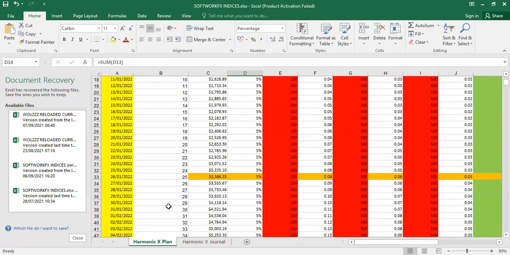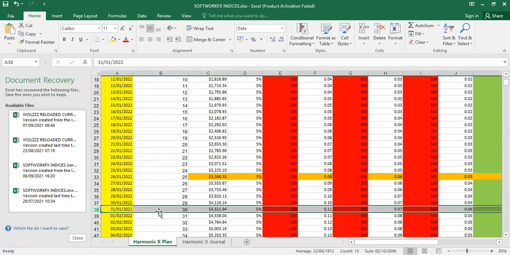And if you do this for the next 30 days on $1,000, let me highlight it for you guys to see. On $1,000, if you are consistently making 5% over these 30 days, your $1,000 would have turned to 4,321.